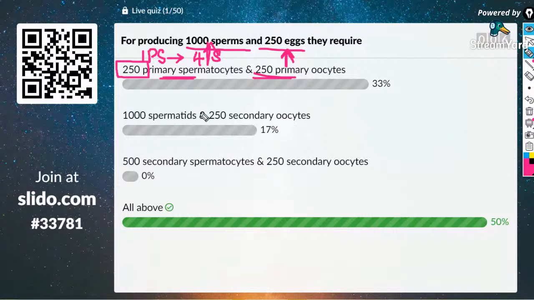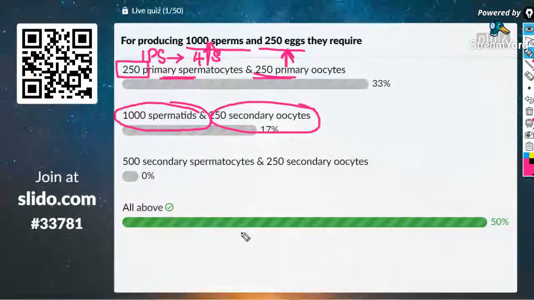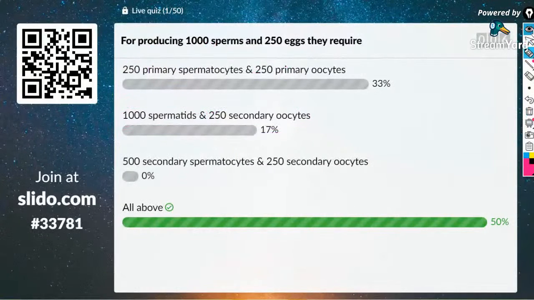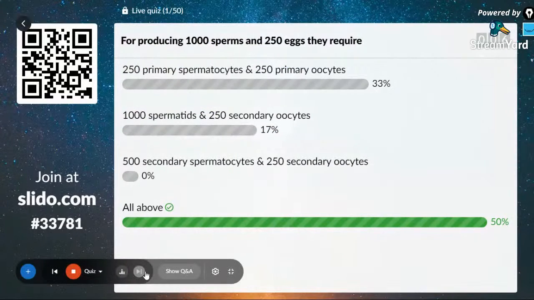Okay, 1,000 spermatids and 250 secondary oocyte is over there. Okay, so all the above is the answer. Second one.